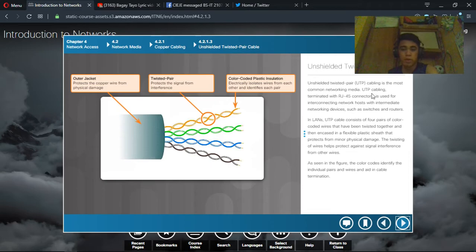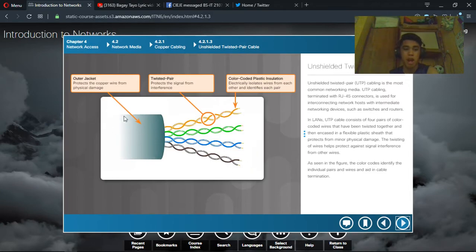It is the most common cable in networking media, and in LANs, UTP cable consists of four pairs of color-coded wires that have been twisted together.